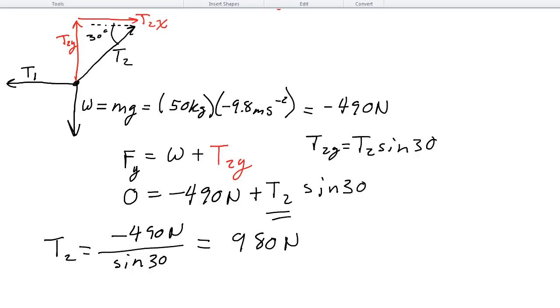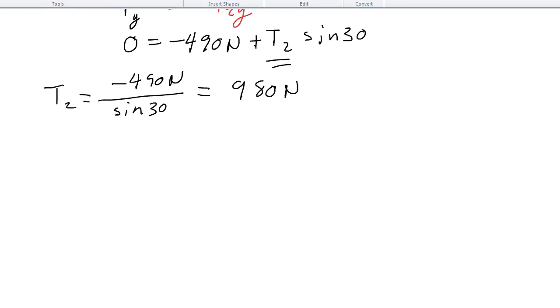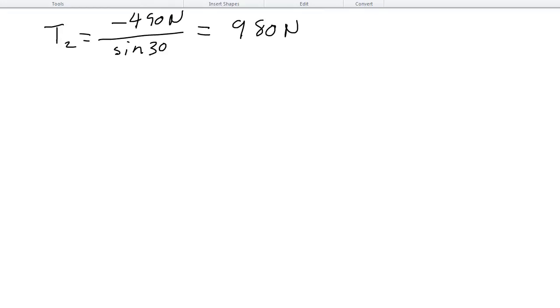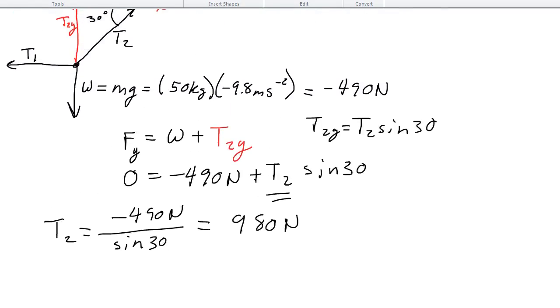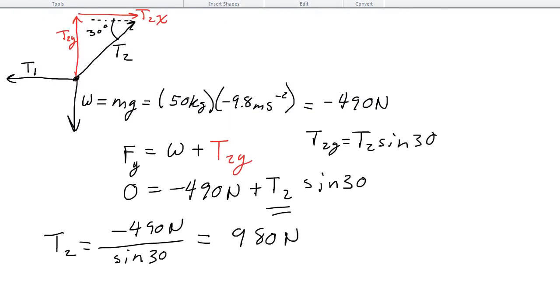And so that's one rope, but we need to solve for the other rope too. Okay, so we know that the forces acting on this point are in equilibrium, and we know that the force in the x direction as well as the force in the y direction must be in equilibrium.